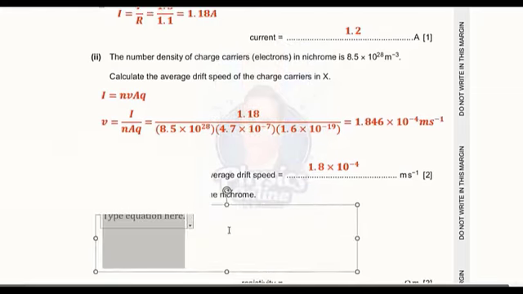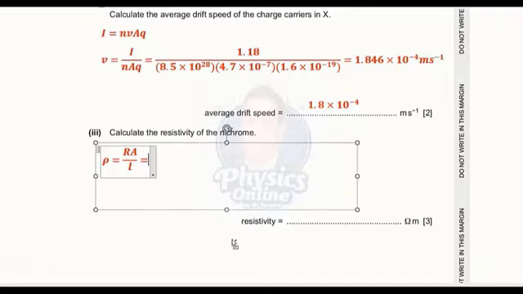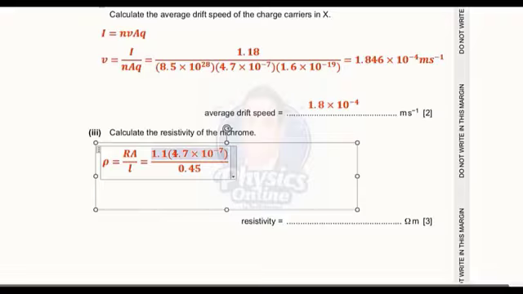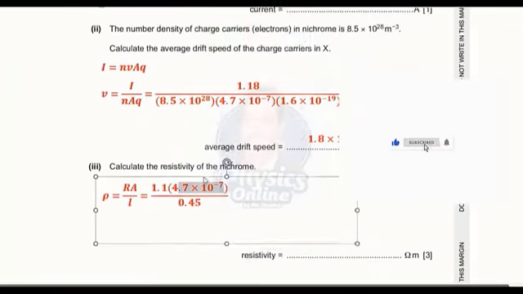Calculate the resistivity of the nichrome. We know that the equation of resistivity is rho equals R A over L. We have R here, 1.1. The cross-section area we already have here also, as we used before.